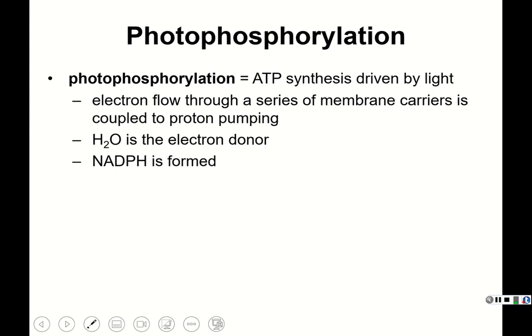So in a way, you can kind of think of this as almost like running the electron transport chain in reverse in a certain way, right? NADPH is being formed ultimately, and in the electron transport chain in mitochondria, what we use as the electron source is NADH. So it is sort of like photosynthesis is kind of, if you're looking at just the starting and end products, it is sort of like you're running it in reverse.